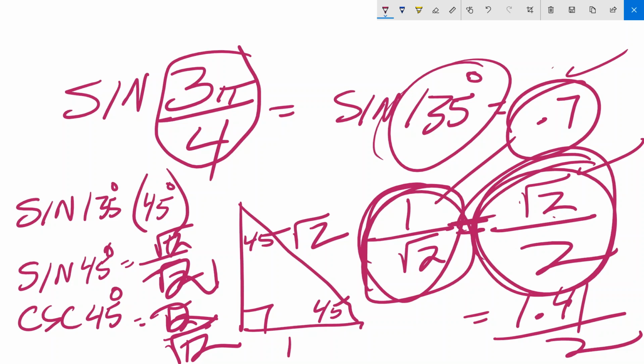And that's why teachers don't insist that you go to all this trouble to rationalize everything, because sometimes it's self-defeating. You rationalize something and then they want to know what the cosecant is, and you flip it and then you've got to rationalize it all over again. So it's not worth rationalizing stuff. After all, this is a real number. It happens to be the same as that.